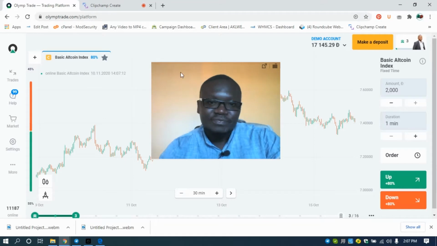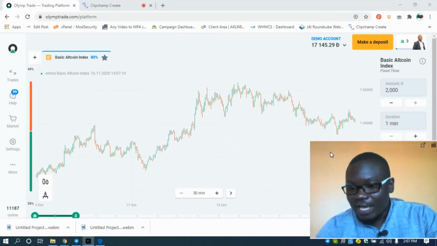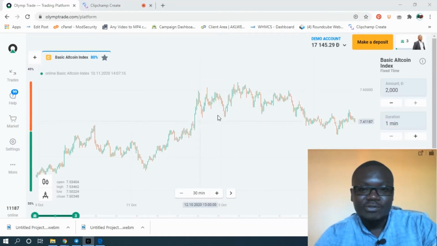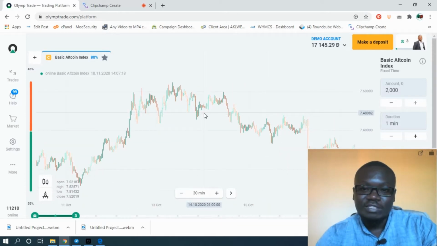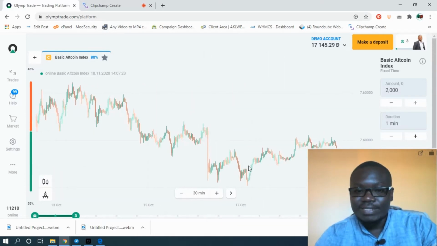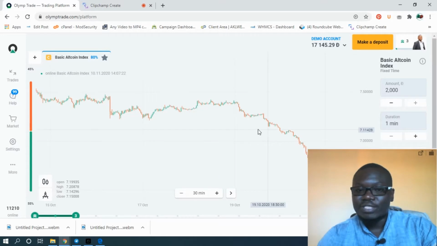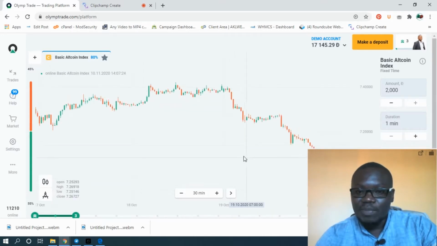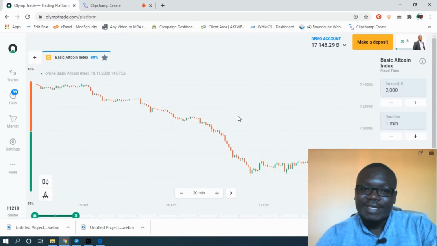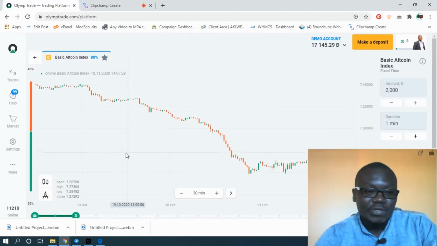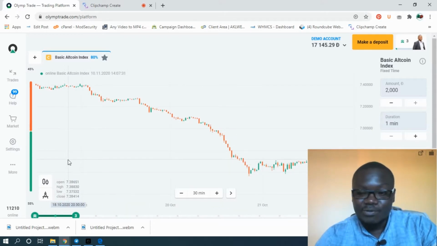Okay, so I want to assume that you've already created your account, and if you've done so, then chances are the chart that you're seeing on your platform at this particular moment is the candlestick chart. If that is not the case, you can go ahead and change that. Just click on this candlestick button here.